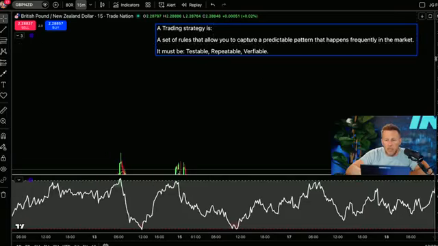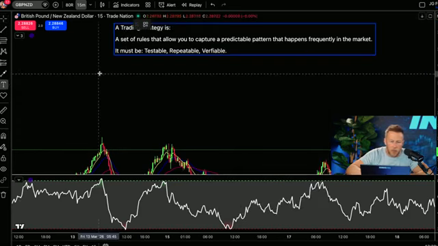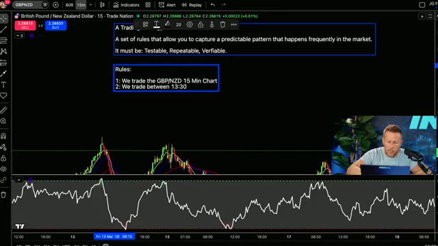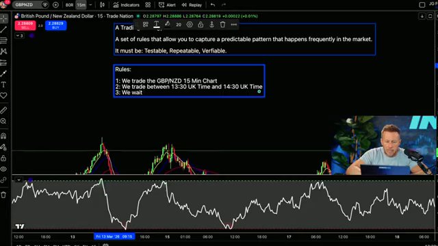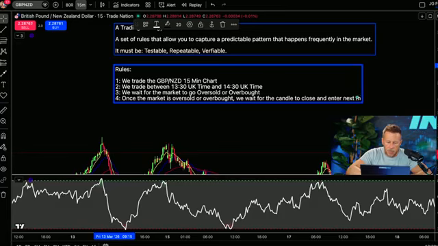We're going to do it really simple. Our rules are going to be as follows, right? I'm going to set up a new rule tab here. 1, we trade the GBP NZD 15-min chart. 2, we trade between 1:30 p.m. UK time and 2:30 UK time. 3, we wait for the market to go oversold or overbought. 4, once the market is oversold or overbought, we wait for the candle to close and enter next bar market.